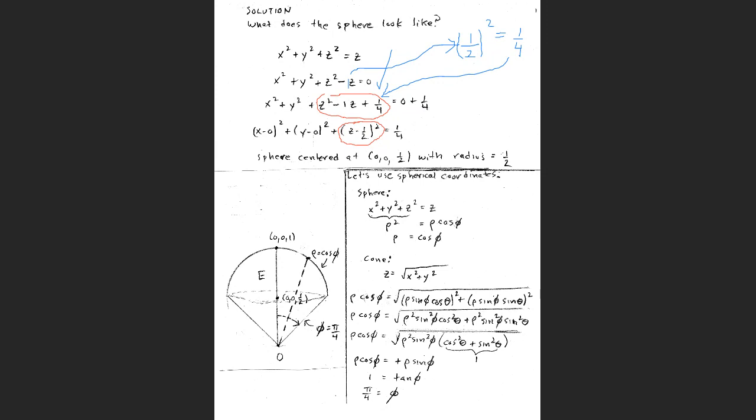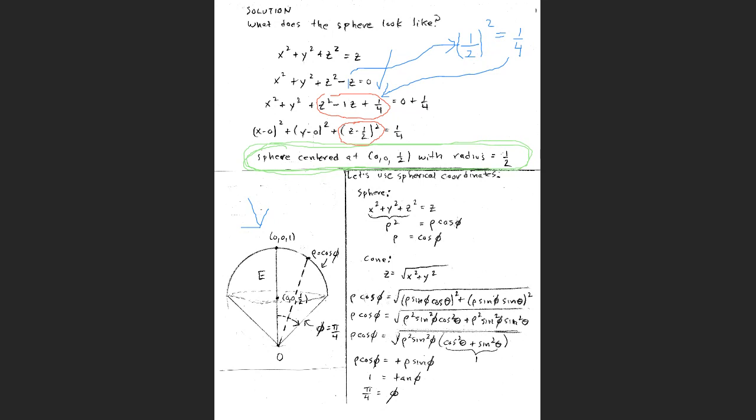Well, then this means that we've identified this sphere, this equation. It's a sphere centered at 0, 0, and a half with radius a half, because the square root of 1/4 is a half. And so now we're able to draw this picture here on the left of a solid E bounded below by a cone and above by a sphere.